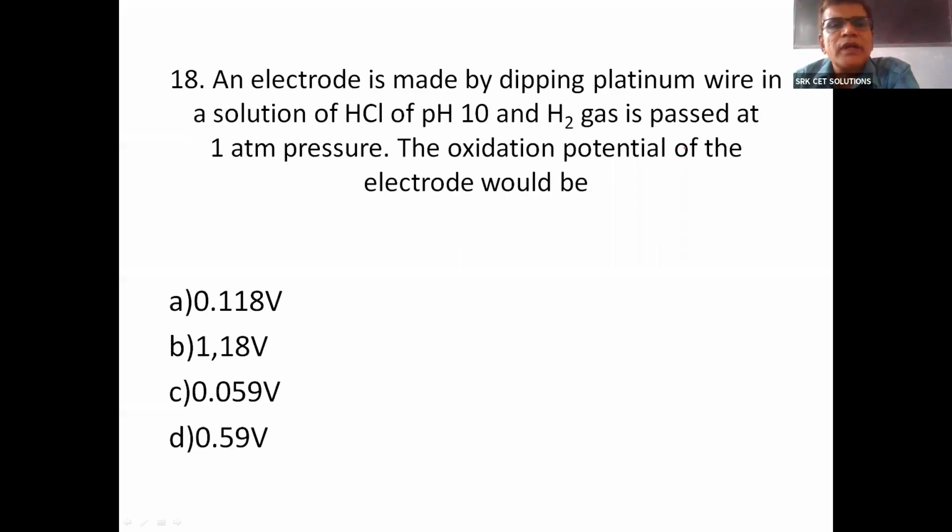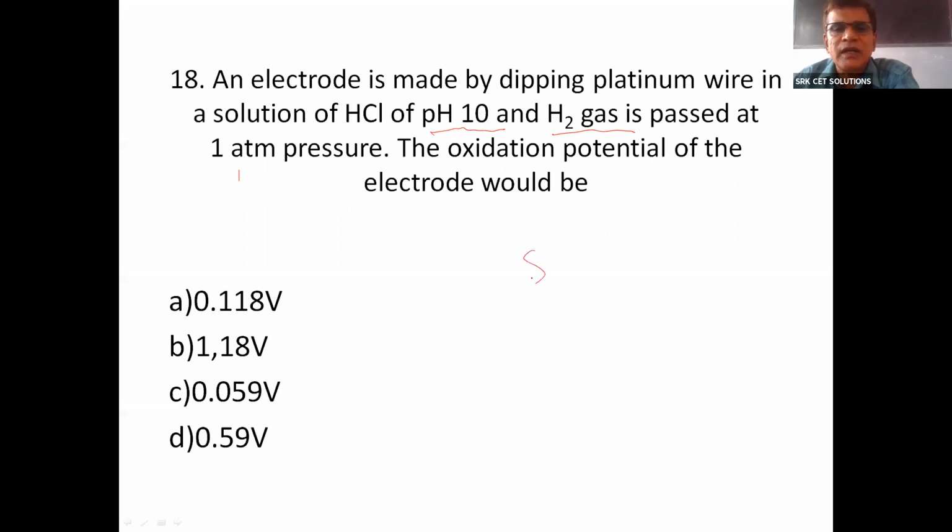An electrode is made by dipping a platinum wire in a solution of HCl of pH 10. Look at this. It's a hydrogen electrode where the pH of the solution is 10. Hydrogen gas is passed at 1 atmosphere. That is standard. Then find the oxidation potential of the electrode.